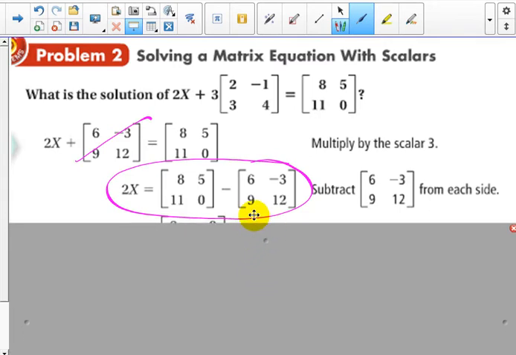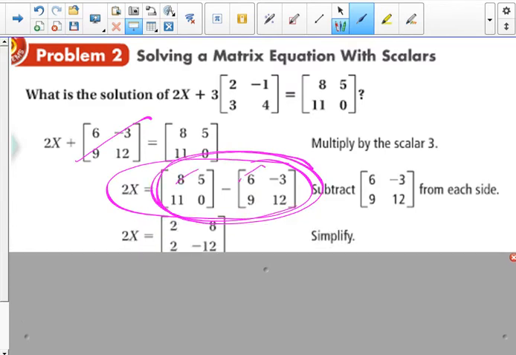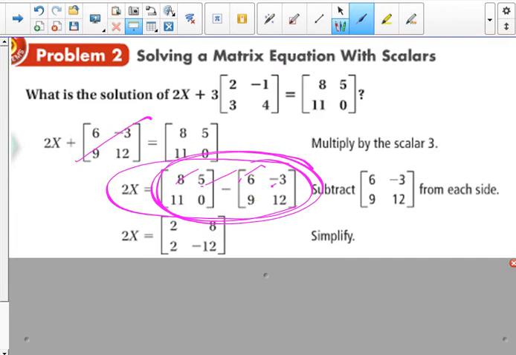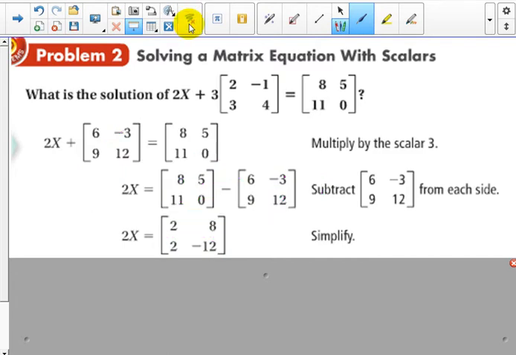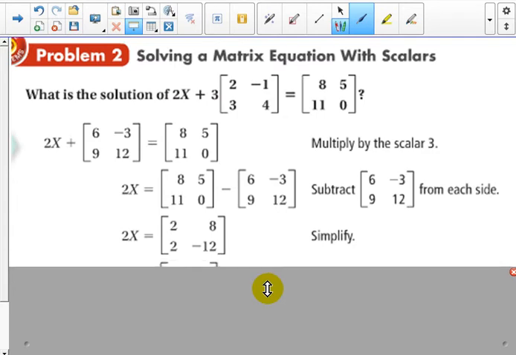All right, now we've got to do the subtraction of these two matrices. So 8 minus 6 is 2. 5 minus negative 3, minus a minus, is 8. 11 minus 9 is 2. And 0 minus 12 is negative 12. So now we've simplified this down to 2x equal a single matrix.